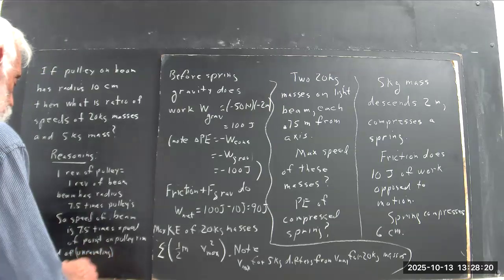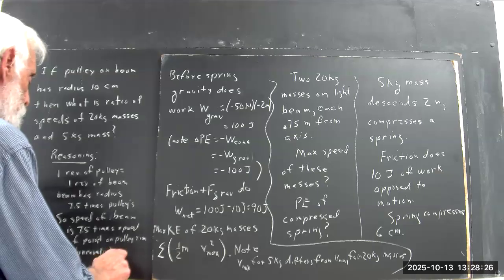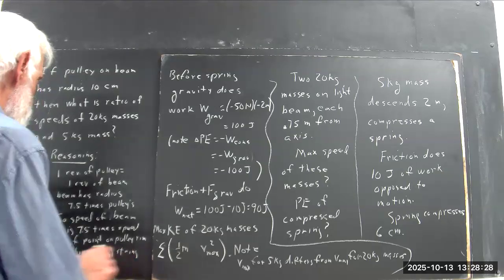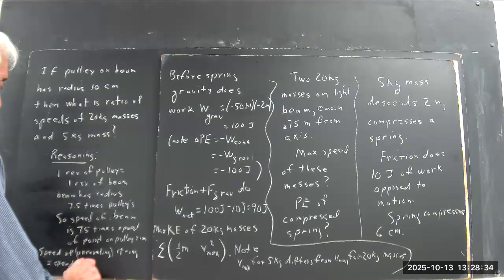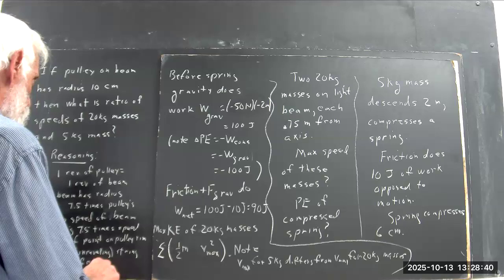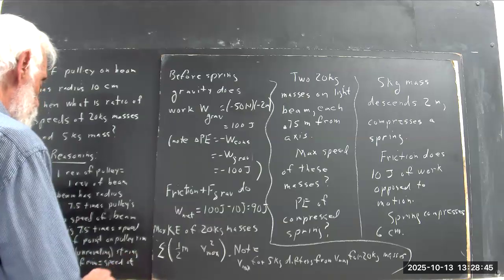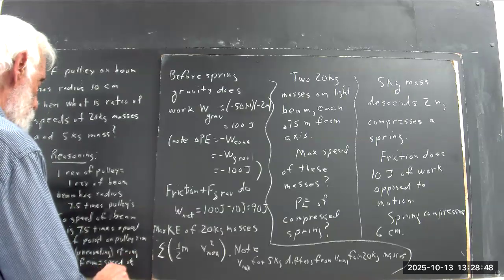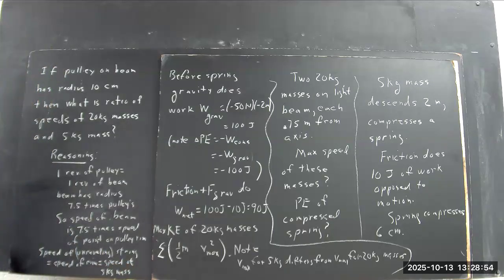Speed of the unraveling string equals the speed of the rim, which is equal to the speed of our descending mass. I don't have room to write the word descending, so I'll say our 5 kilogram mass because we know that's what's descending.